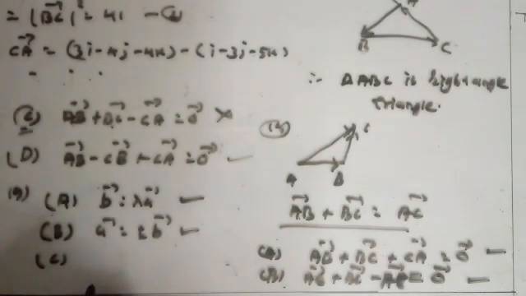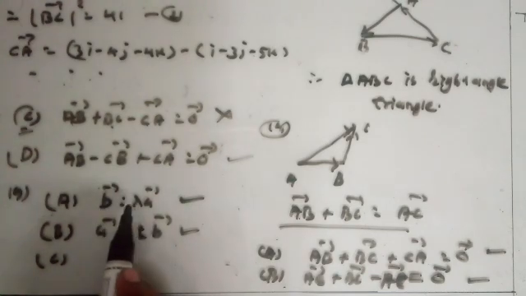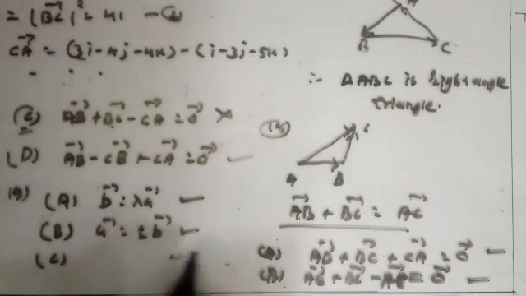C: the respective components of a and b are proportional. Here a is equal to lambda b, or b is equal to lambda a, then the respective components of a and b are in proportion, so C is also true. And the last, D: both vectors a and b have the same direction but different magnitude. This is false. Okay.